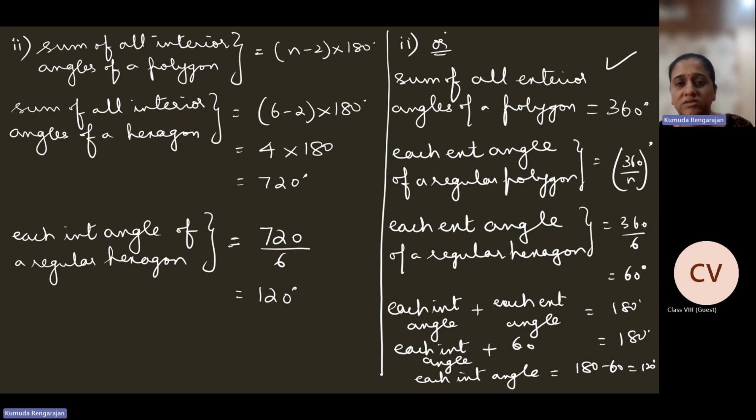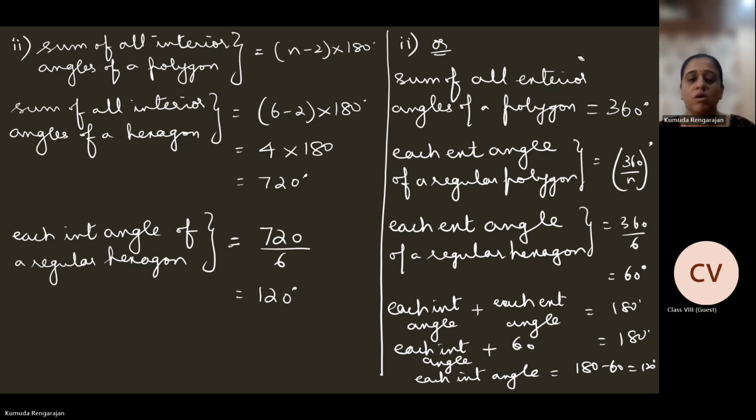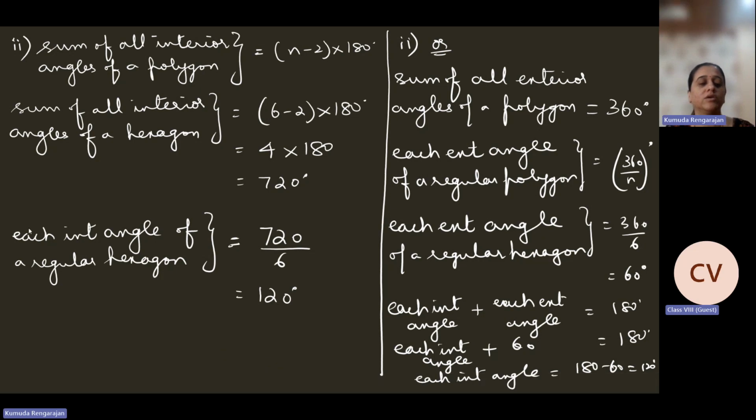See, this is an alternate solution, not a continuation. Yeah, write down. Done, ma'am. And something is hiding the presentation, ma'am. It is 180 minus 60, which is 120. Okay. Yeah.